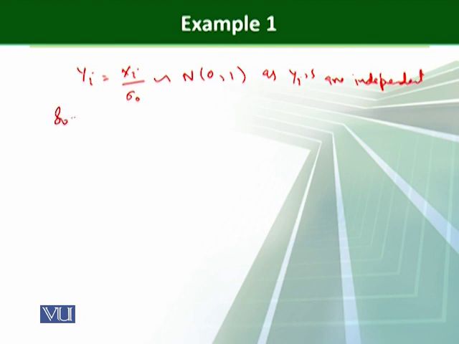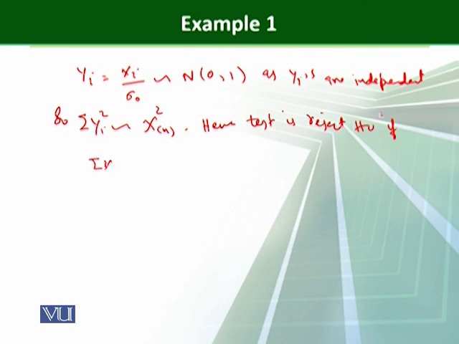So if we take the square of this, the sum yi square is equal to the chi square with n degrees of freedom. We already know this result. So hence the test is reject H naught if sum xi square over sigma naught square is greater than or equal to k.